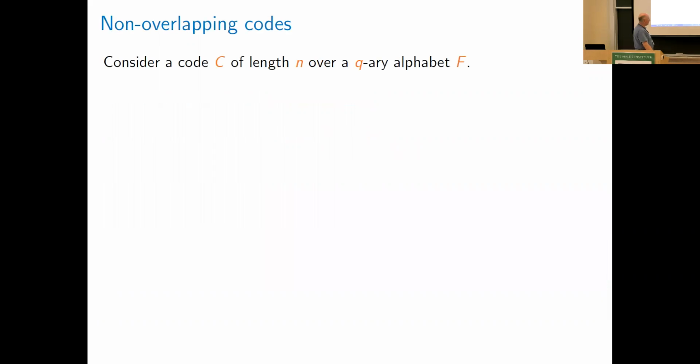So what's a non-overlapping code? Here I'm thinking all my code words are going to have length n. It's going to be a code C, and they're going to be length n words over some finite alphabet F of size q. I'm going to use that notation throughout.